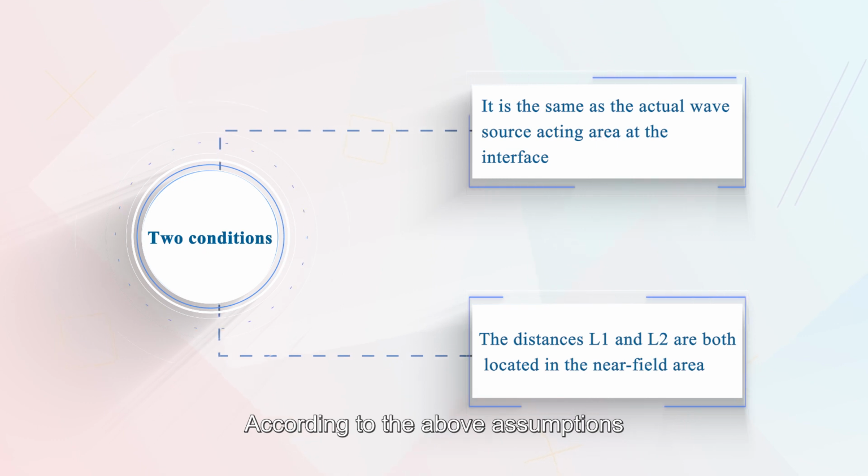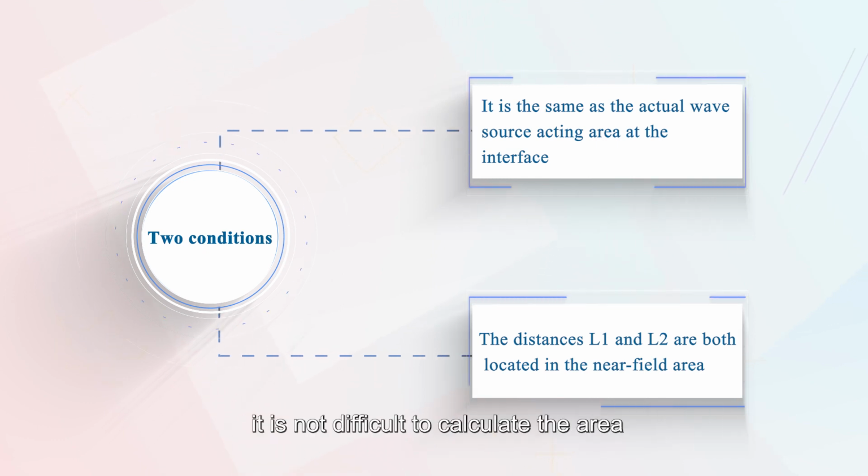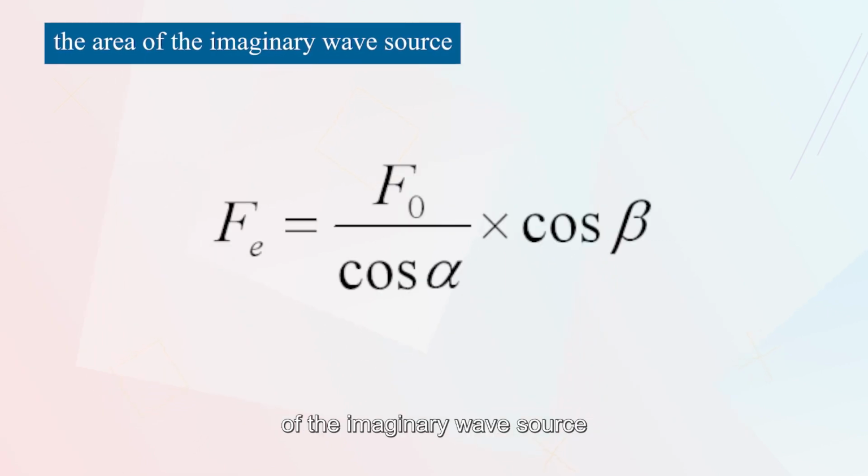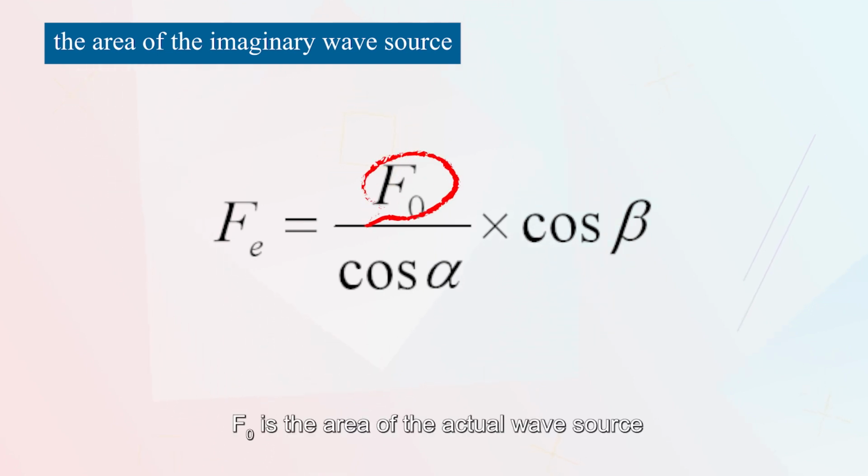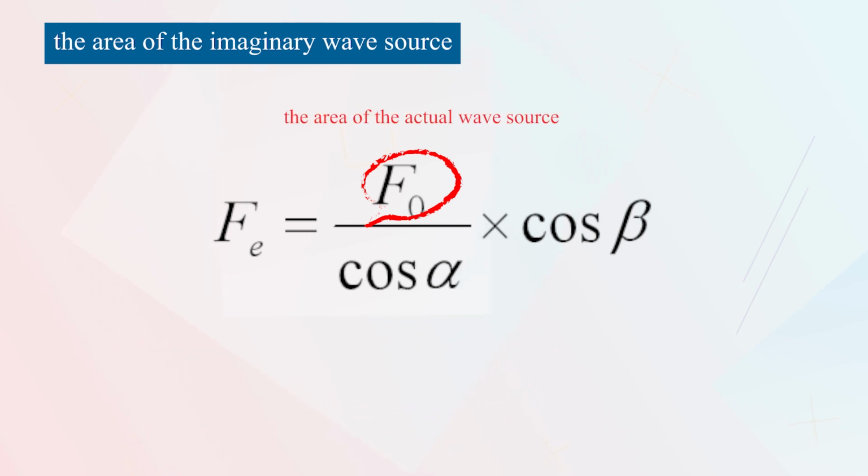According to the above assumptions, it is not difficult to calculate the area of the imaginary wave source. Fe is equal to F0 multiplied by cosine beta slash cosine alpha. In this formula, F0 is the area of the actual wave source.